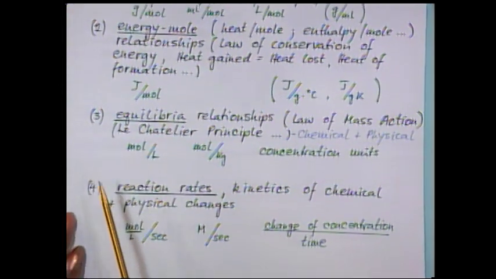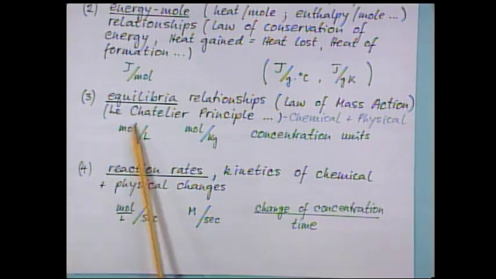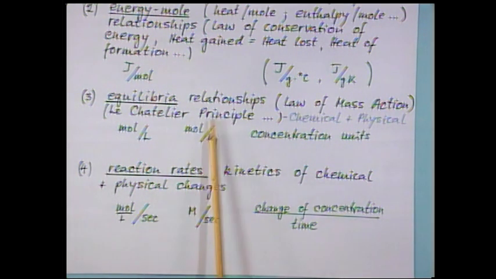Another very major part in using the balanced equation for certain studies are the so-called equilibria relationships. The law of mass action falls into this category, Le Chatelier's principle. So by shifting the equilibrium, by removing or adding materials, changing concentrations, etc., we can do equilibrium studies.